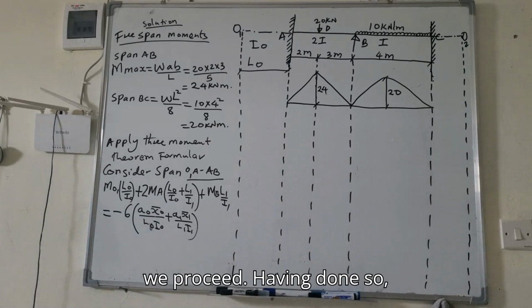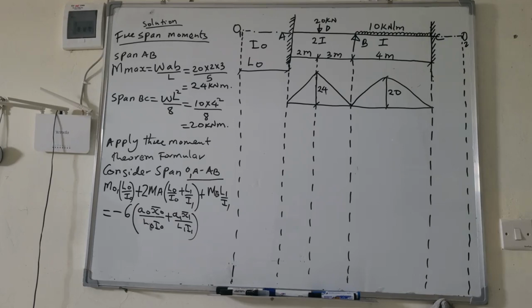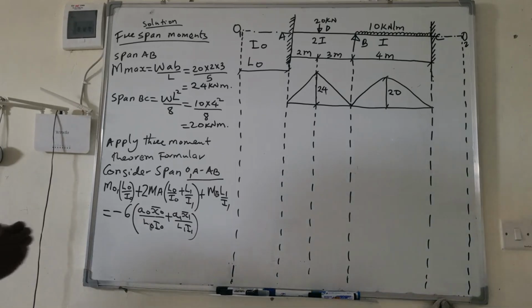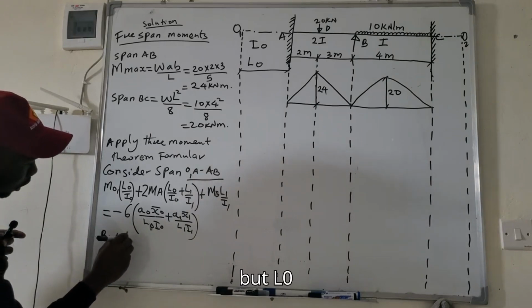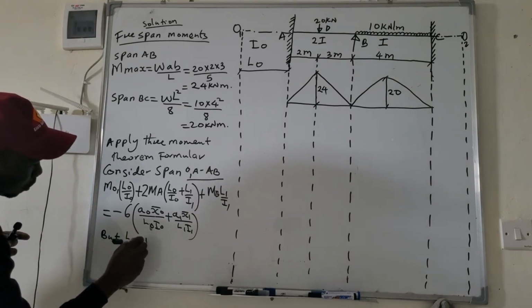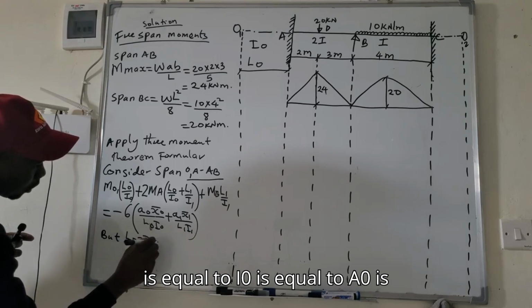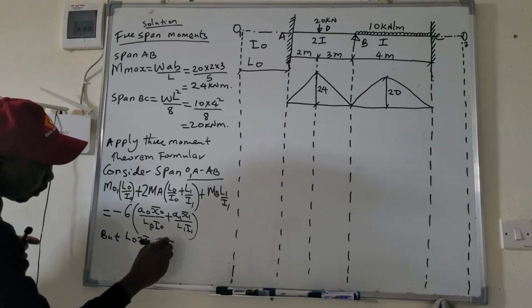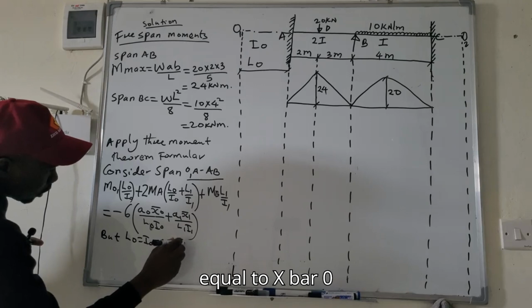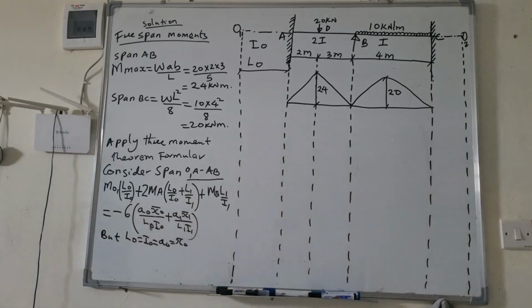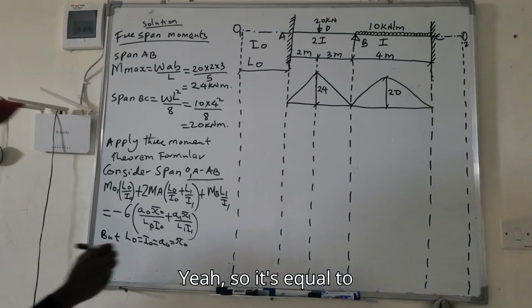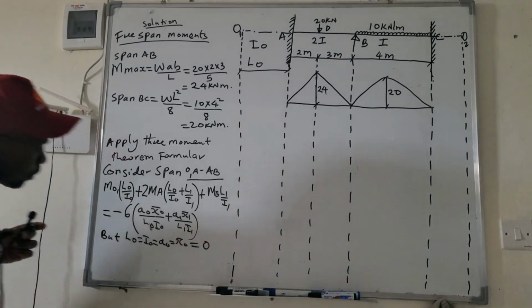So we proceed. Having done so, you can say that L0 is equal to I0 is equal to A0 is equal to x bar 0 is equal to what again? Yeah, so it's equal to 0.